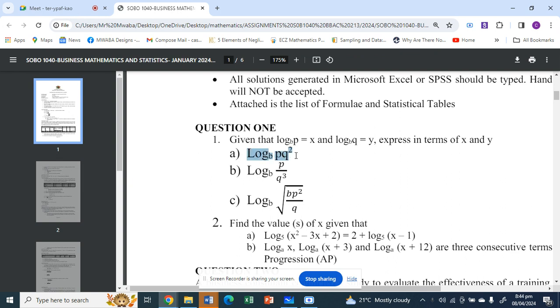Here we see we need to use the product rule for logarithms. You can see two different variables attached to each other. And also, apart from the product rule, whenever you see an exponent, you also need to use the power rule.